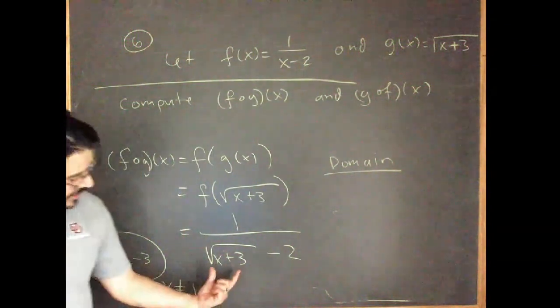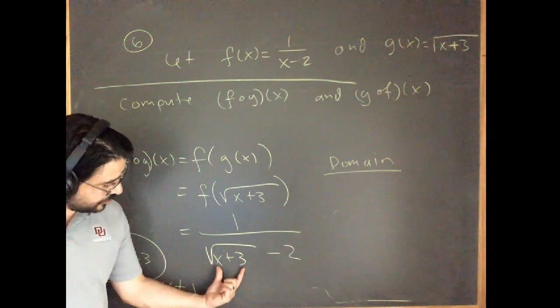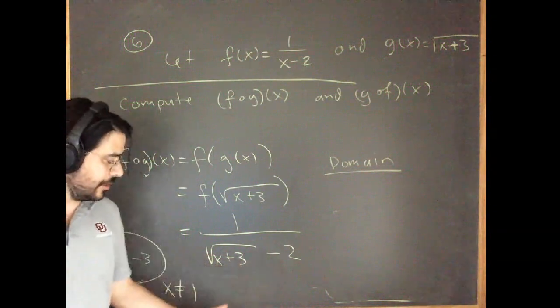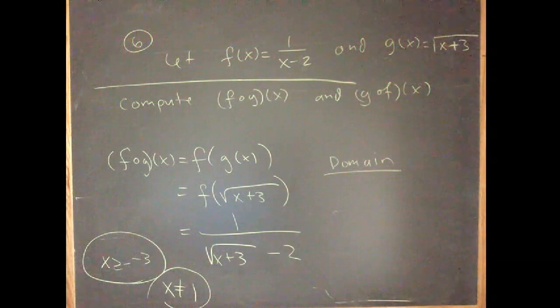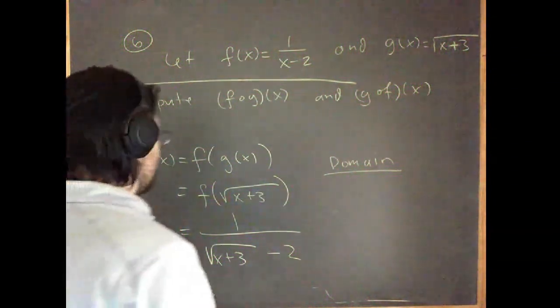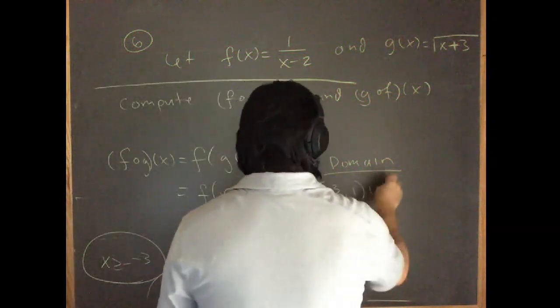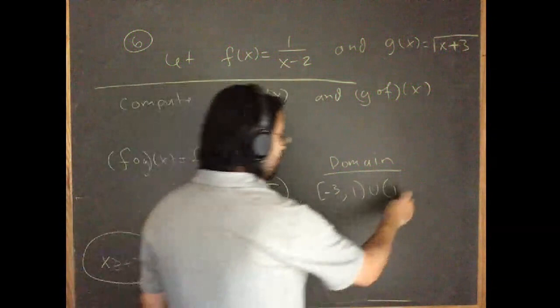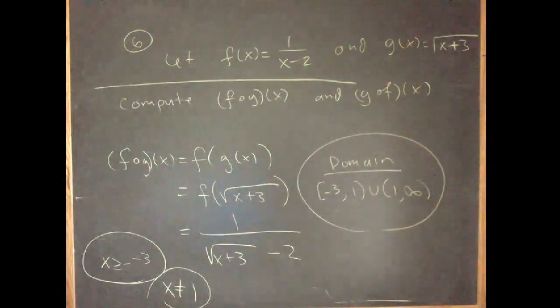Because if I were to plug in 1 here, I would get 1 plus 3, which is 4. The square root of 4 would be 2, and 2 minus 2 would be 0. So this would lead to dividing by 0. So combining the two of them together, we've got to go from negative 3 all the way up to 1. We want to exclude 1, and then all the way out to infinity. And that would be the domain of this composition of f and g.